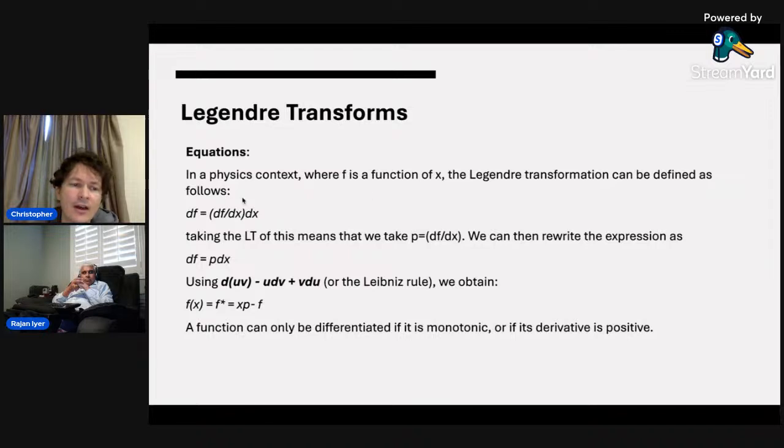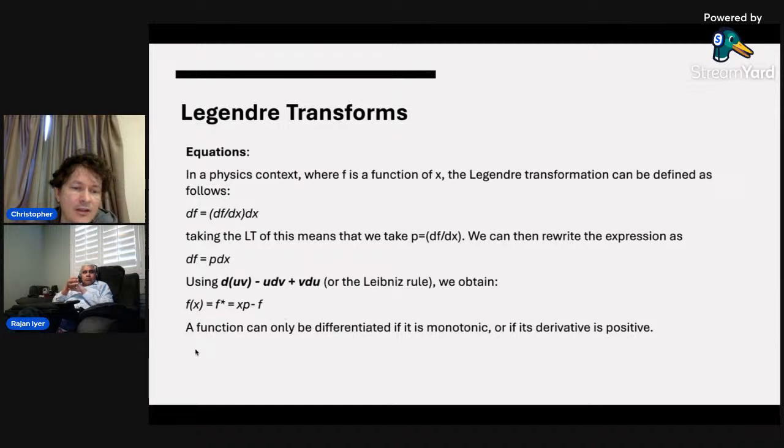We say that df over dx is p. So then we can rewrite this as p times dx, the differential of x. And then using the Leibniz rule, you can transform this into x times p minus f.